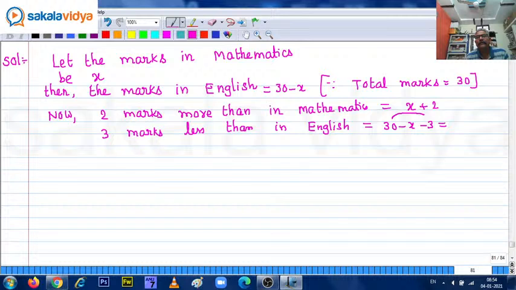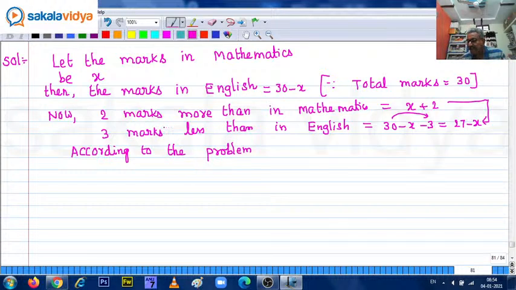This becomes 30 minus 3 is 27, so 27 minus X. According to the problem, after increasing 2 marks in mathematics and decreasing 3 marks in English, the product becomes 210.